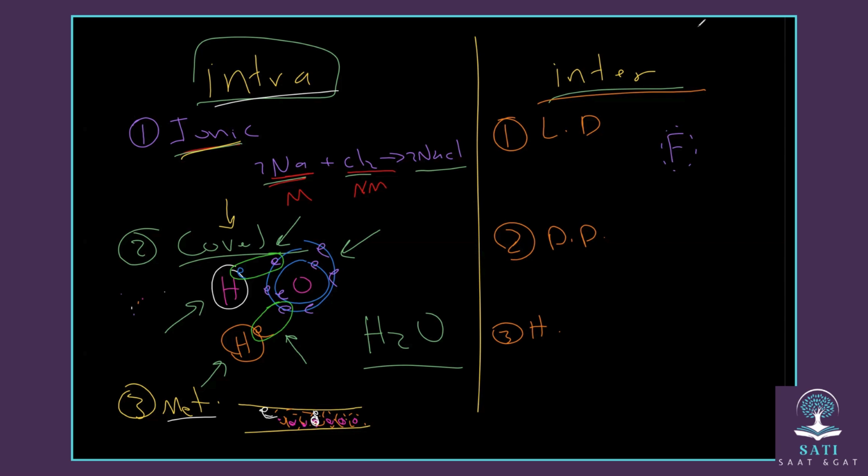This is one atom. If we have another atom of fluorine and another atom here, so we have many fluorine atoms. These atoms will have attraction between themselves.